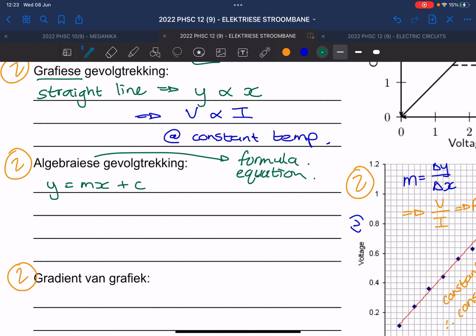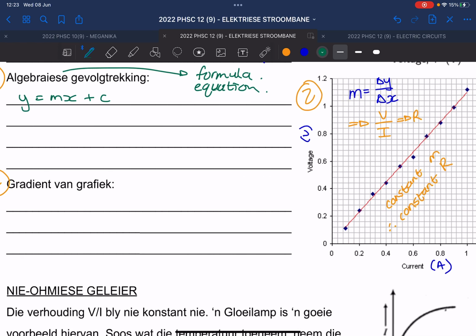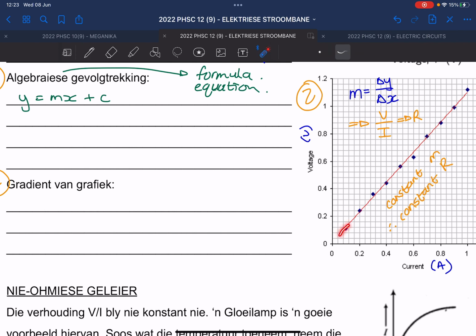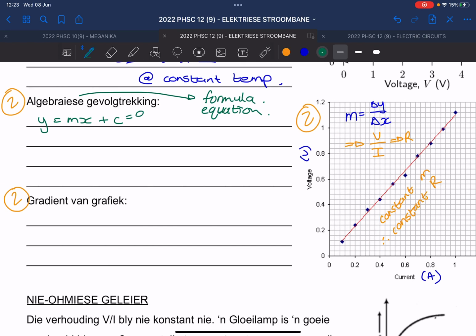Okay. Now here, this is where in your grade 12 work, it gets a bit complicated. The teacher will explain that to you. Maar waar hy bietjie moeiliker gaan raak. Okay, but for now, your C will be where it crosses the origin. So for now, your C will be 0. It will go through the origin.